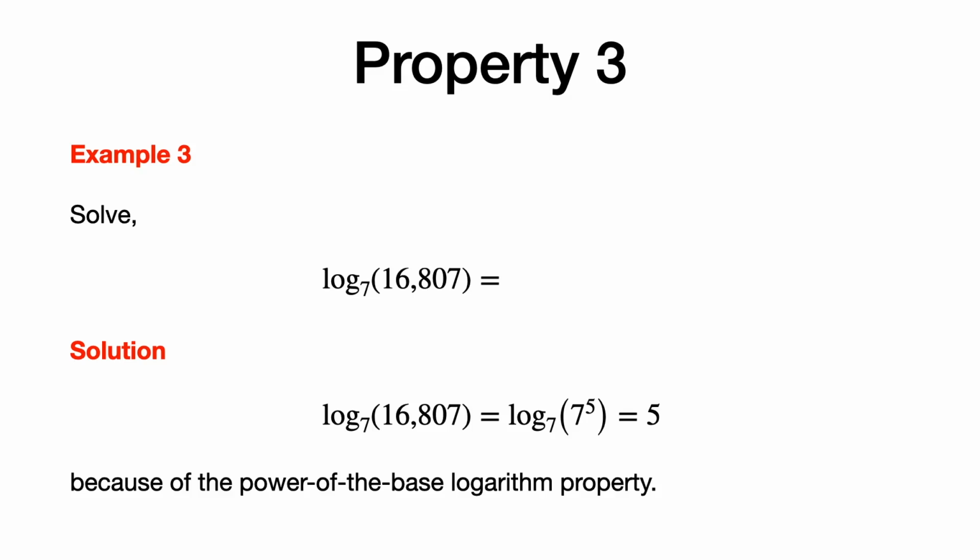However, do realize that 16,807, expressed in exponential form, is just 7 raised to the fifth power. Because of the power of the base logarithm property, it is quite easy to solve now that the logarithm of 16,807 to the base 7 is just 5.